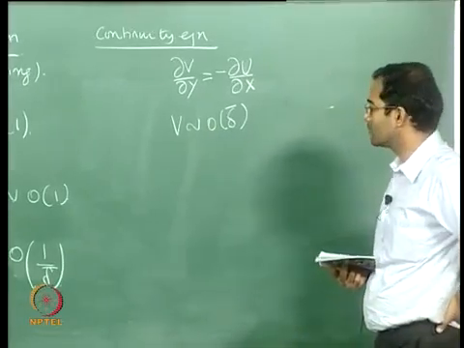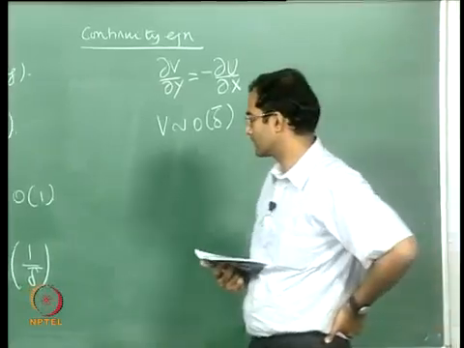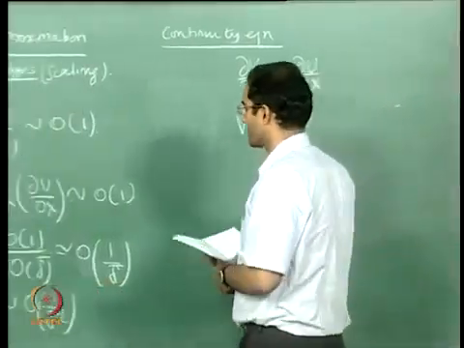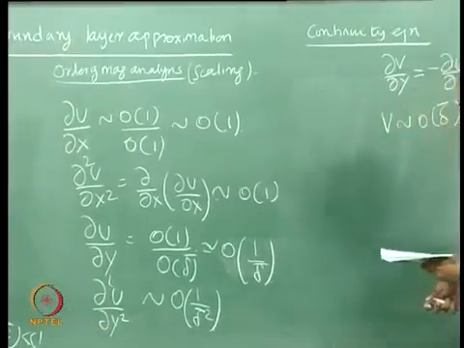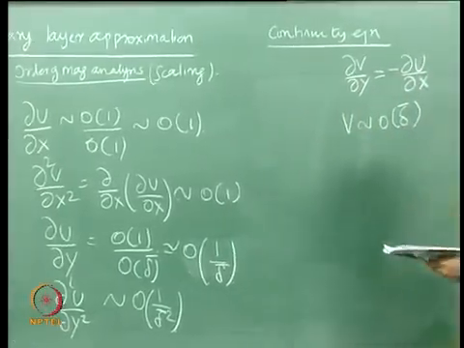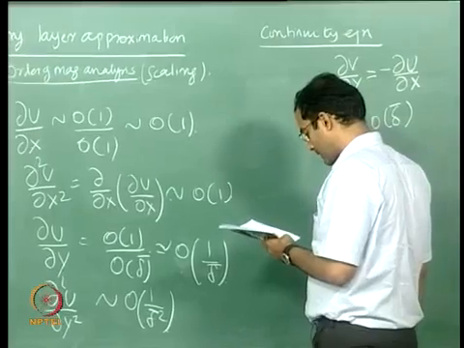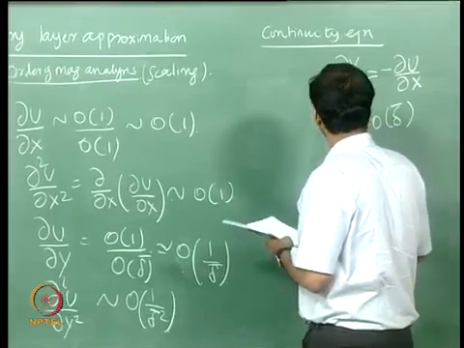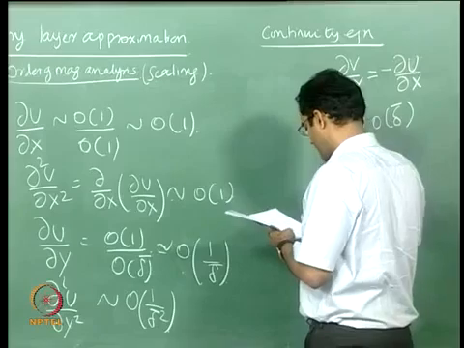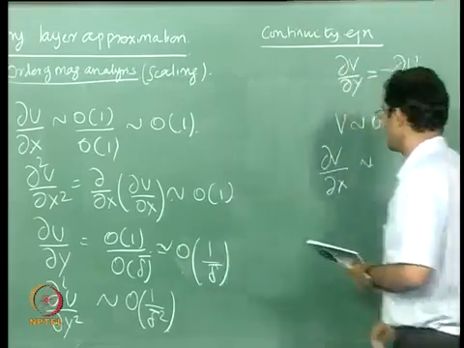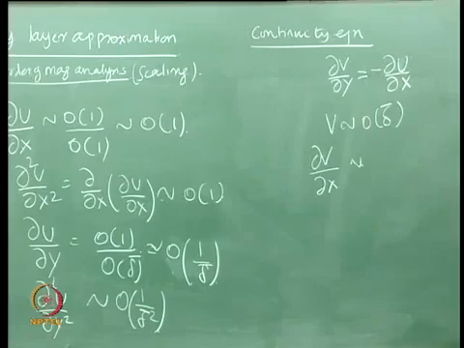Dou u by dou y. Yes, we'll come to that. So first we just write down, and then we'll later say which order of magnitude is higher, which of the terms are probably more important than the other terms. So your dv by dx now should be what? What should be the order of magnitude?